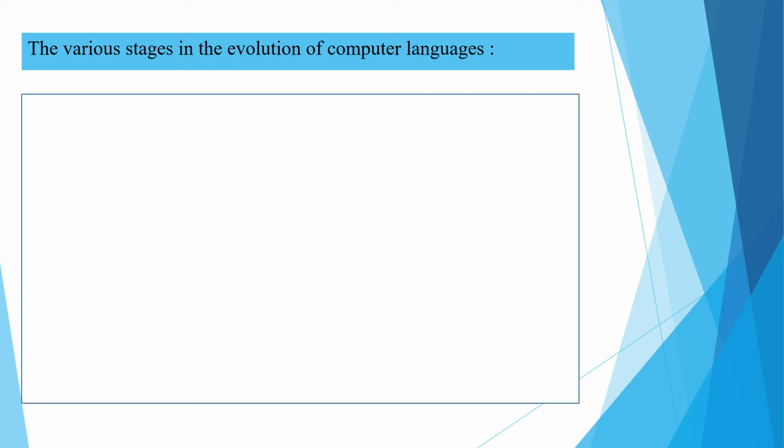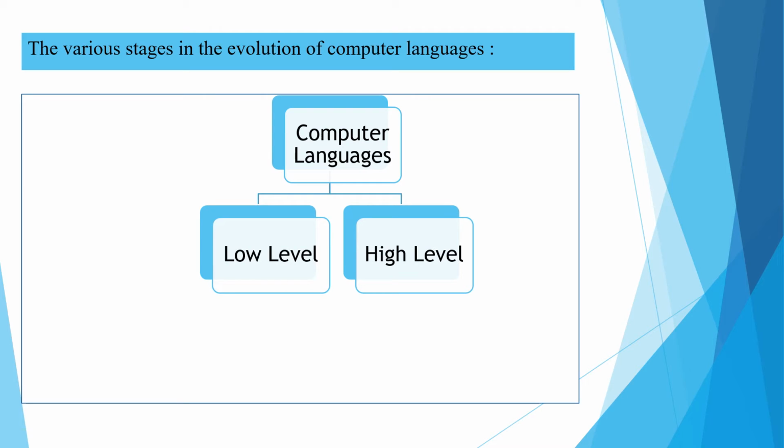Computer languages have evolved over the years, from the very earliest, the machine language, up to the recent, that is natural languages. The various stages in the evolution of computer languages are shown here. In that, first we have two types of computer languages, that is low level languages and high level languages.